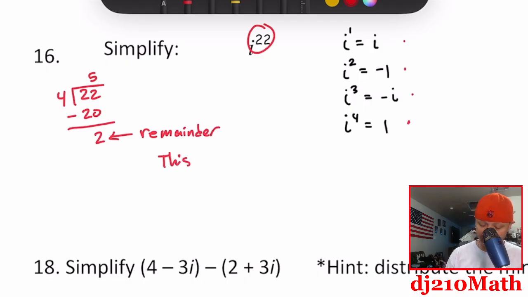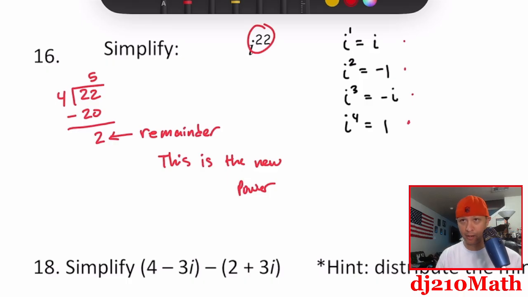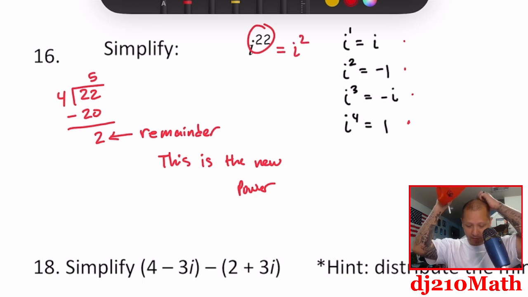This is the new power, meaning it's equivalent to whatever power you were analyzing. Right now we're looking at i to the 22nd power. Well, that's going to be equivalent to i to the second power, because the remainder is 2. So what is i to the second power? Oh, it's negative 1.